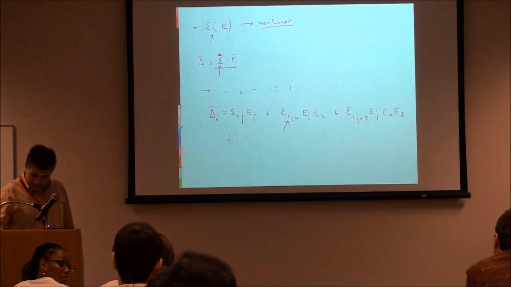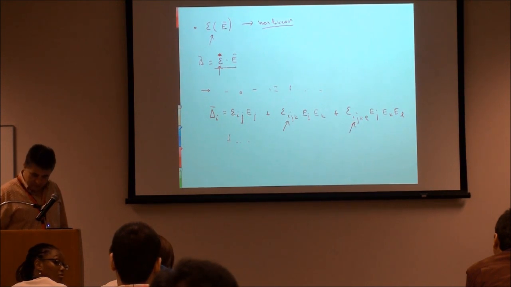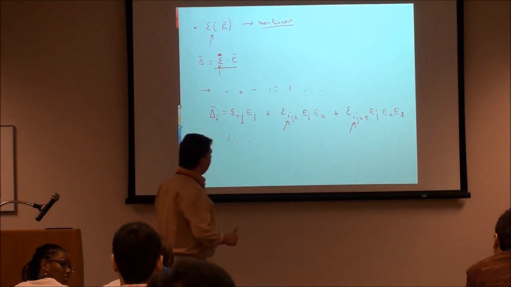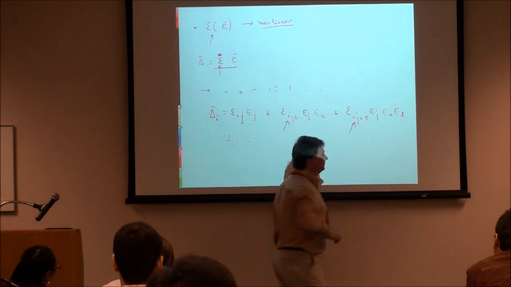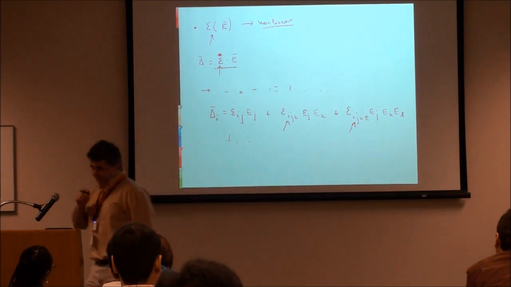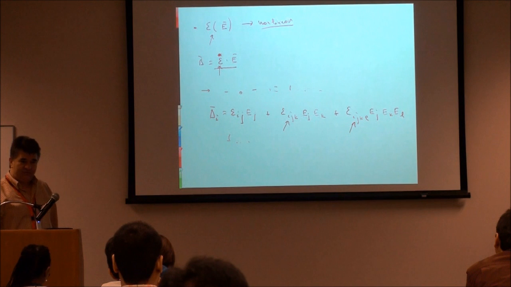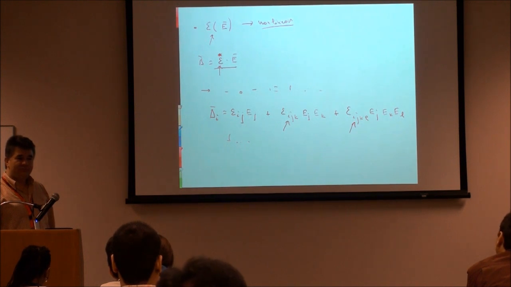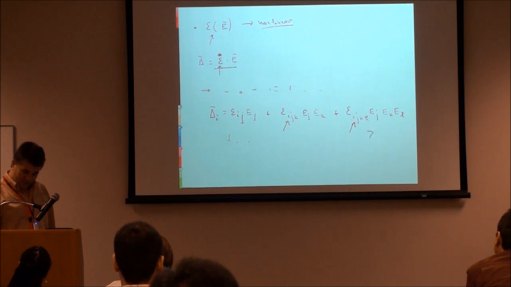Oh, you're talking about the chi-3, but I'm talking about the combination of the terms. 250, it's 3 to the power 6, I think. So that's more than, anyway, more than 200.